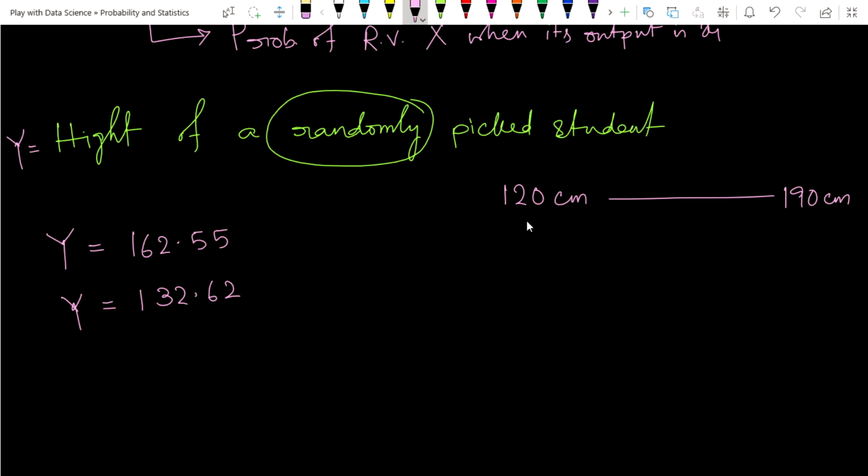It could be 120.5, 120.6, 120.5555666. Any value between in this range. Because of this, this kind of random variable is called a continuous random variable.